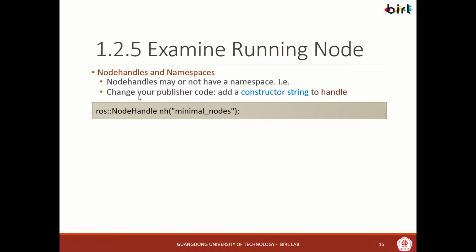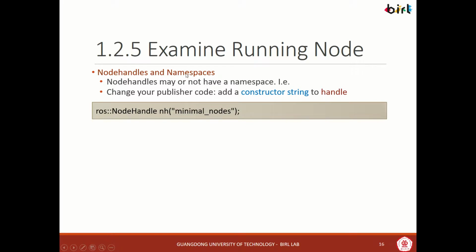What we're going to do right now to demonstrate how the node handle and the namespace are connected is go back to our C++ code and change the publisher code by adding a string to the constructor of the node handle. Yep, so we'll go to this line where this was empty before, I think, and then we'll call this minimal nodes here.